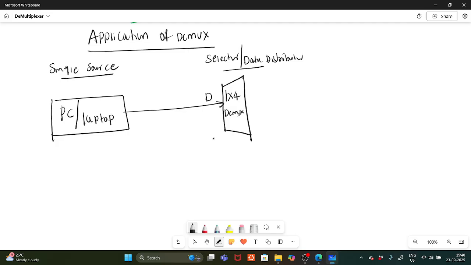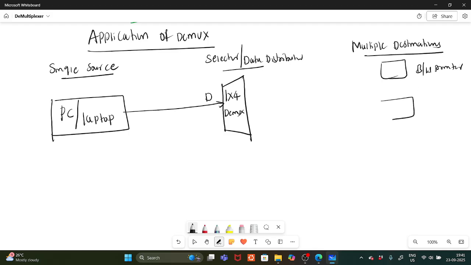So multiple destinations: I can connect to a black and white printer, a fax machine, a color inkjet printer, and a pen plotter.